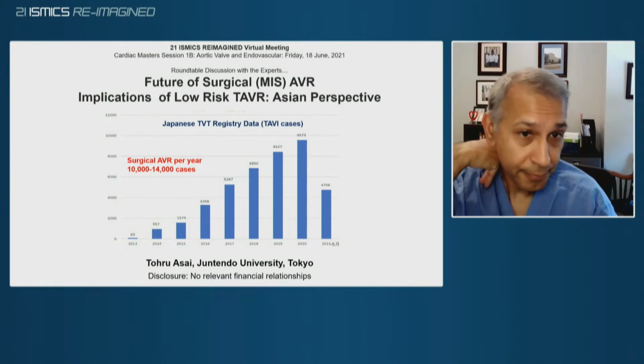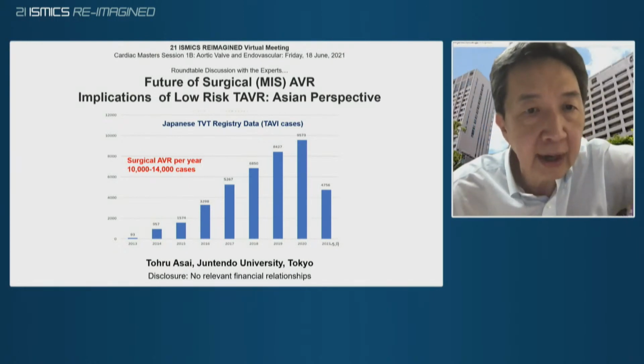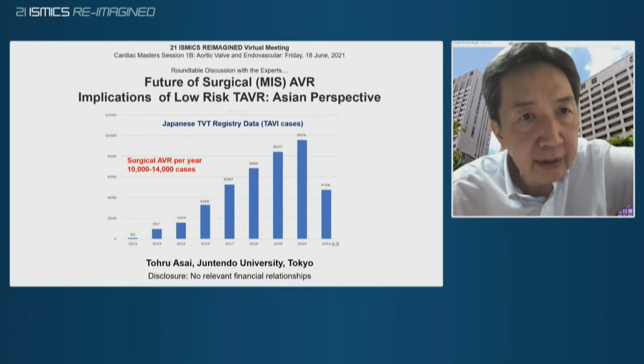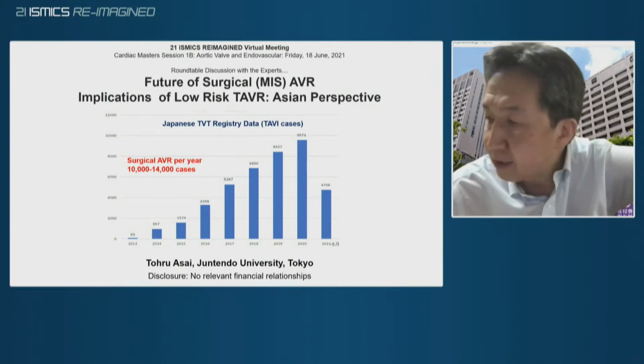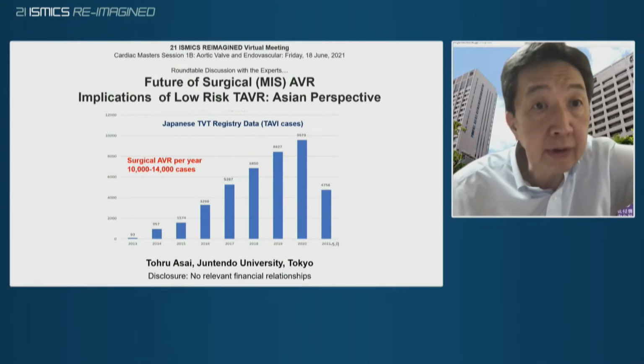Okay. So our practice, the Japanese practice of TAVR, started in 2014, actually. Reimbursement started, and yearly the number is increasing. Let me speak about some special situations in Japan.